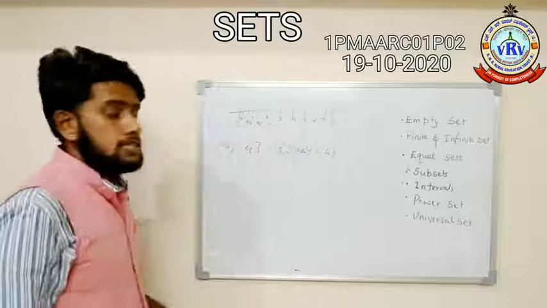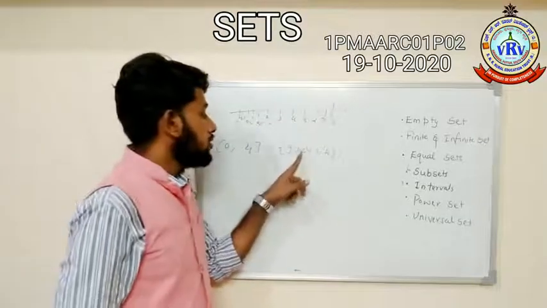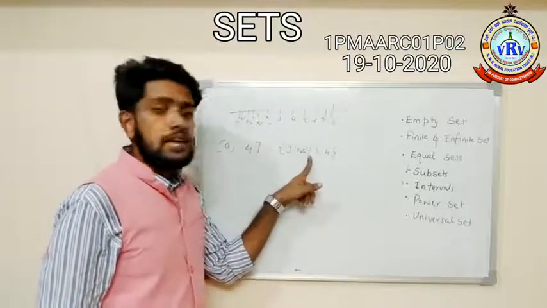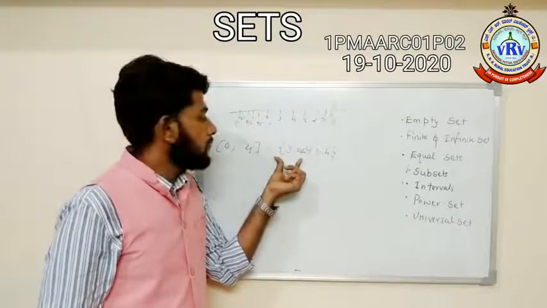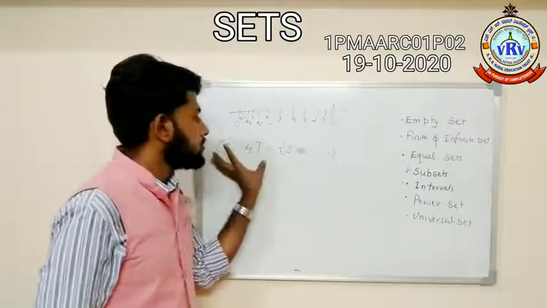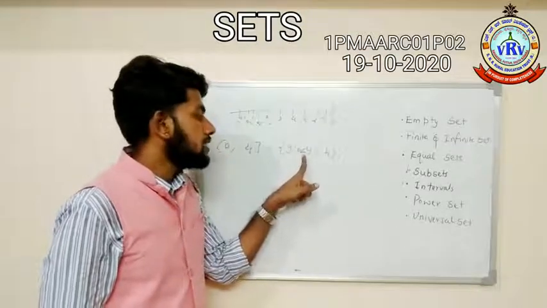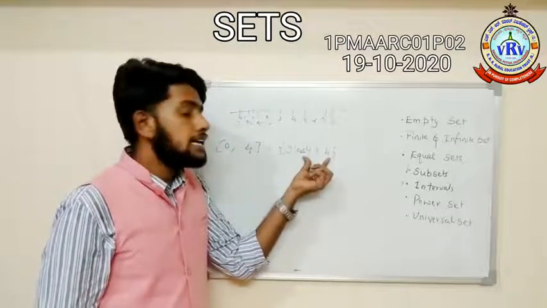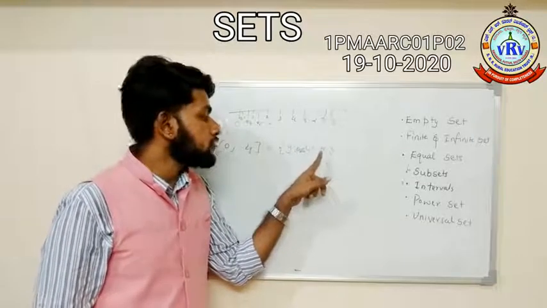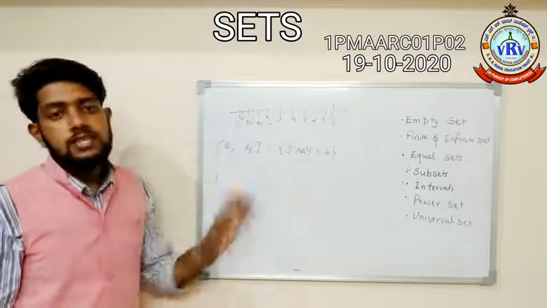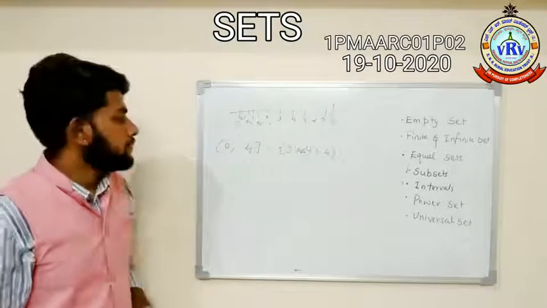Now you can see in the roster form also, 0 less than y means 0 does not belong to this interval, which should be greater than 0. Here y less than or equal to is given, so y can equal 4. That means 4 is also an element of this set.